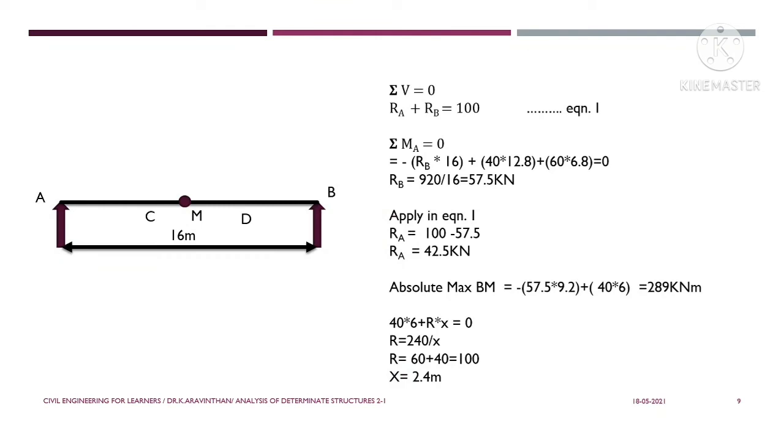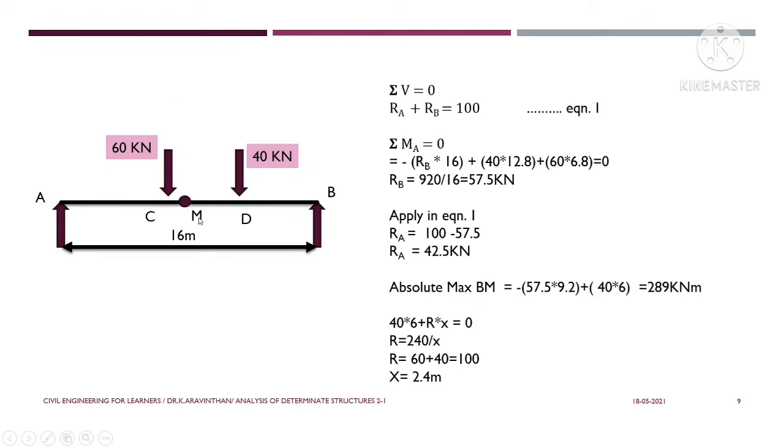You want to locate the load at a certain point where you have the absolute maximum bending moment. How to find this? We know that if you have a simply supported beam here, the maximum moment will occur while the load is acting at the midpoint.